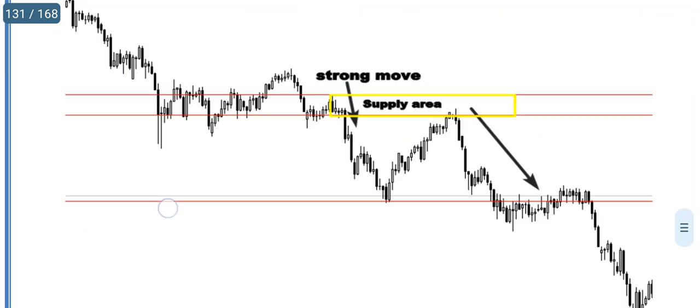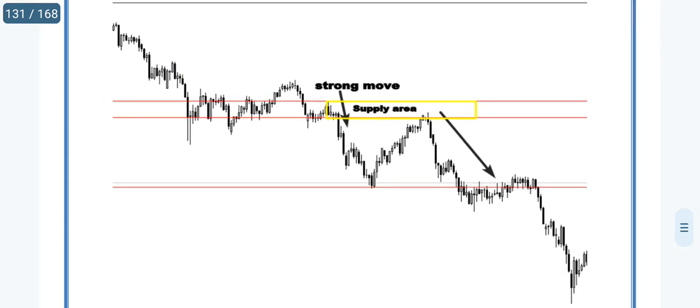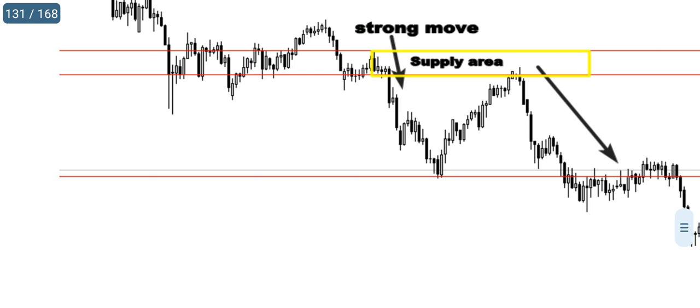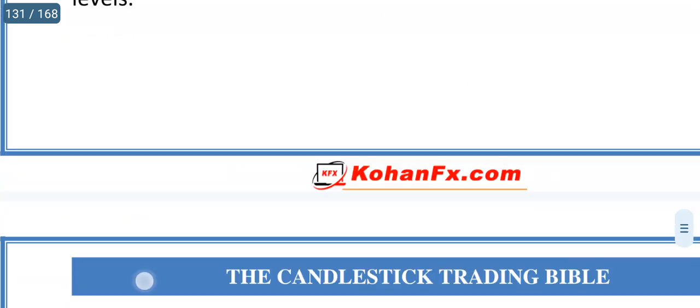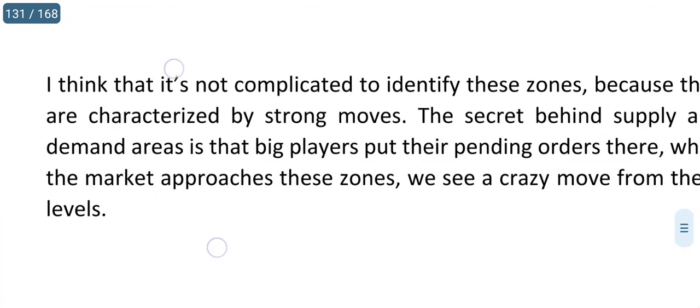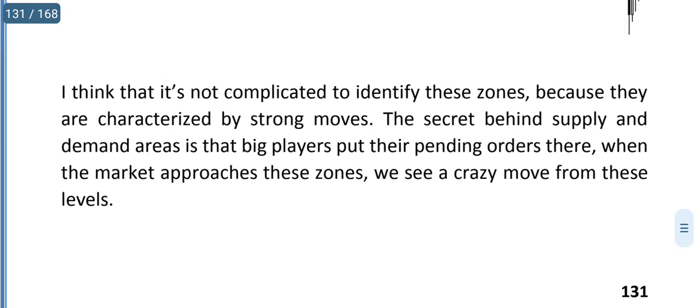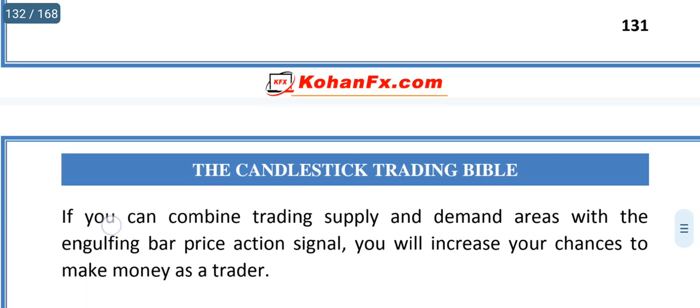Of course, when you observe the illustration, it is not complicated, because it is characterized by a stronger move, and the secret behind these levels is that big players put their pending orders there when the prices approach these levels, and we are seeing a crazy move either in a downtrend or in an uptrend.